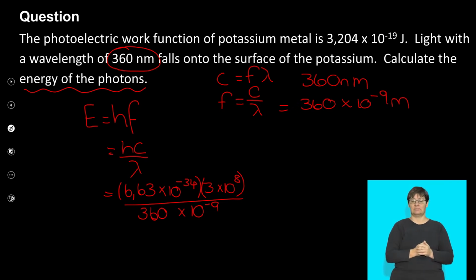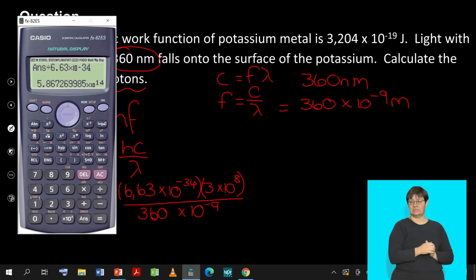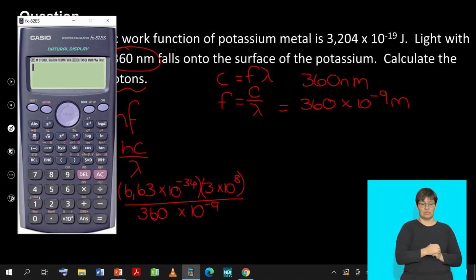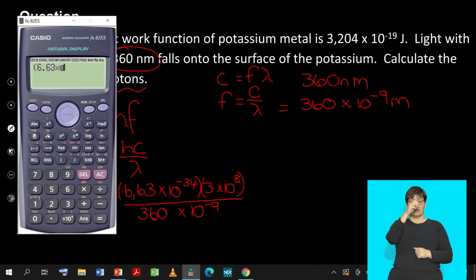Great. We open our calculators, and we've got 6.63 times 10 to the minus 34 times 3 times 10 to the 8. Now I'm going to divide that by 360 times 10 to the minus 9, and I get 5.25.